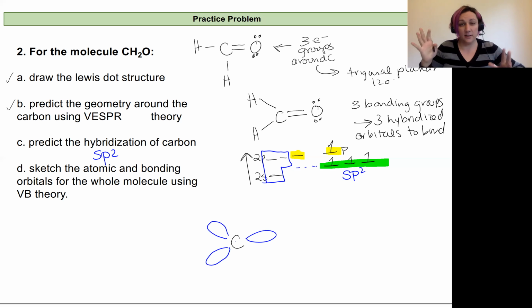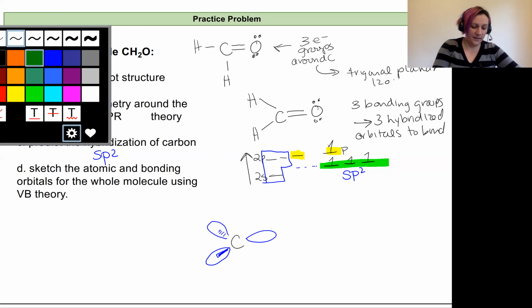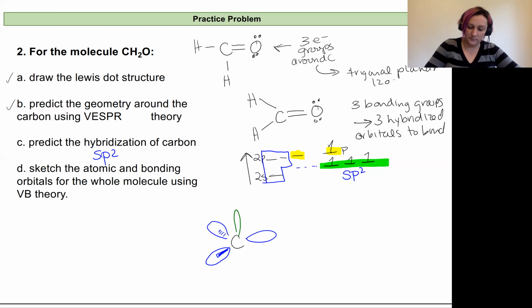And just because I kind of know where this is going, I'm going to make these coming out and going back just to make it easier to see the p orbital. So I have those hybridized ones, and I also have a p orbital still. And in my p orbital, I have 1 electron, and in each of my hybridized orbitals, I have 1 electron as well. Okay, so now this carbon can actually start bonding. I'm going to do the hydrogens first.